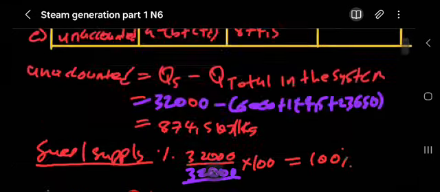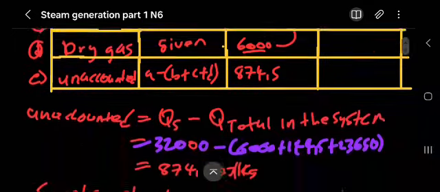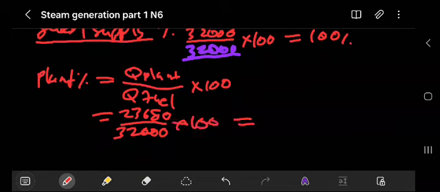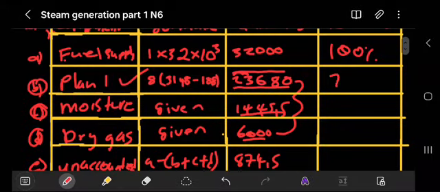So here it is 2368 divided by the one of the fuel, 3200. Multiply this by 100. If you punch this, you'll get 74 degrees. So here we'll have 74 degrees.